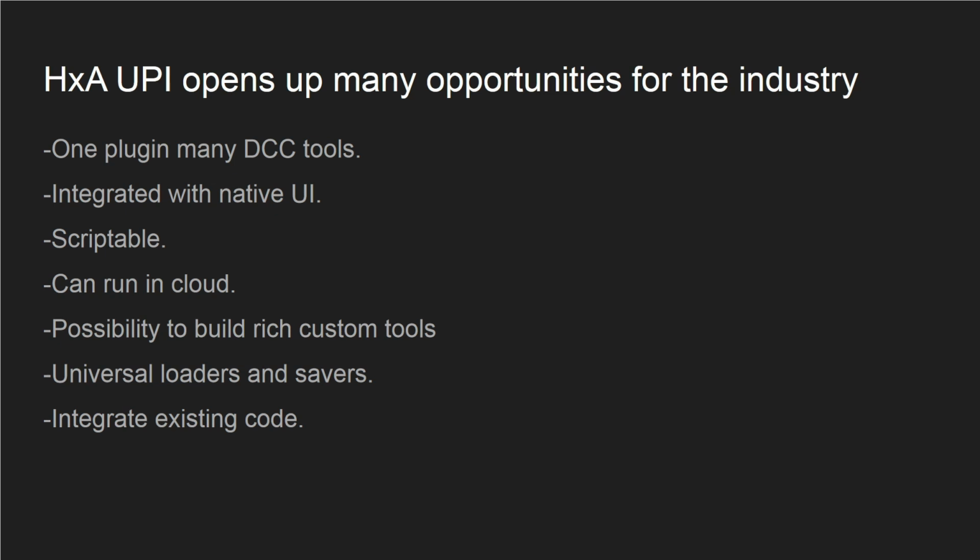And that means that it's much easier for people to create custom formats. So a good example of why you might want to do that is a lot of game engines and things like that. They need very specialized formats for their engines to work. So now you can make an exporter for that and it just works. And of course, this all integrates into existing code. So you don't have to rewrite stuff.